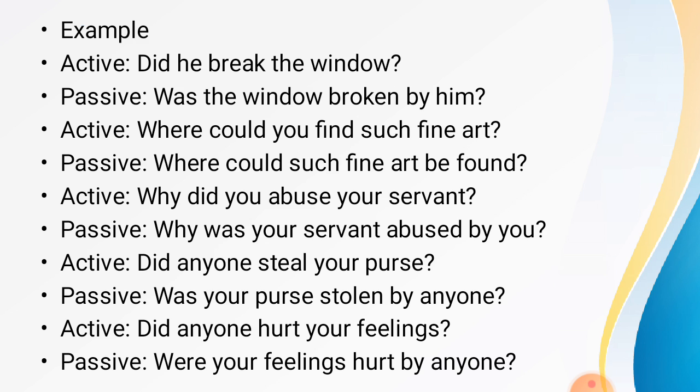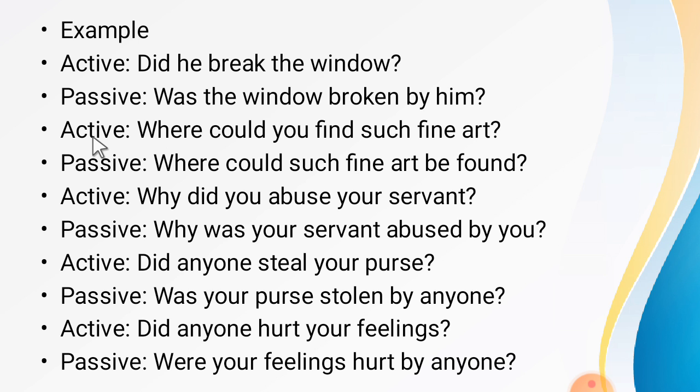Now you will understand how we change whose or who and how. Did he break the window? Was the window broken by him? It is simple. We put the helping verb first and then the subject, and then the object changes into subject, and then we have the third form of the verb. Where could you find such fine arts?